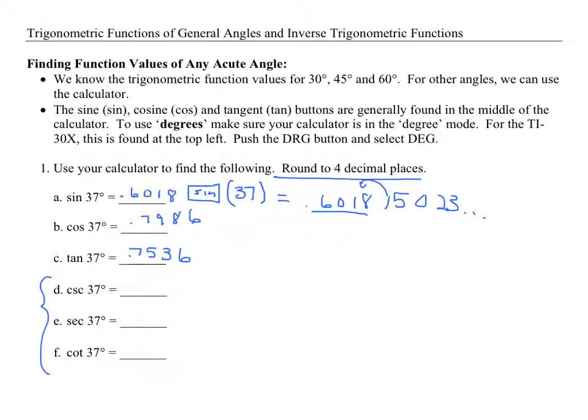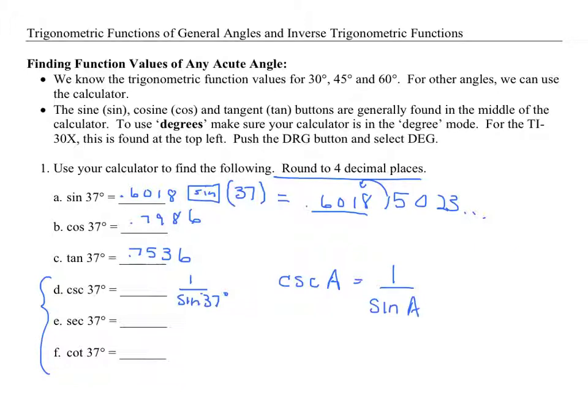Remember that the cosecant of some angle A is equal to 1 over the sine of the angle. So how do I put that in my calculator?